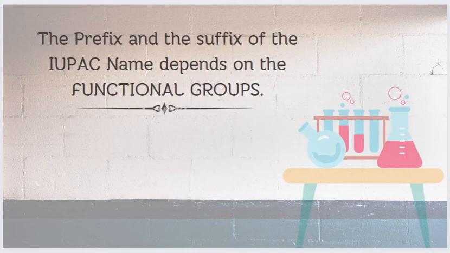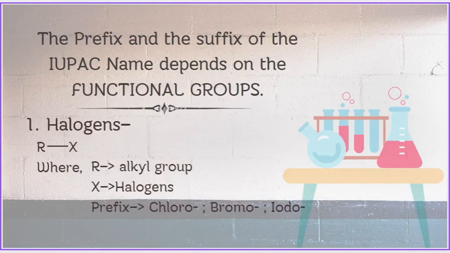Okay, so now we learn about the prefixes and suffixes added to the carbon chain compounds for the IUPAC names. The prefix and suffix depend upon the functional groups given in the compound. Some of the functional groups and their names I'll be showing you in these slides. The first one is halogens, that is the elements of the 7th group of the periodic table, represented as RX.